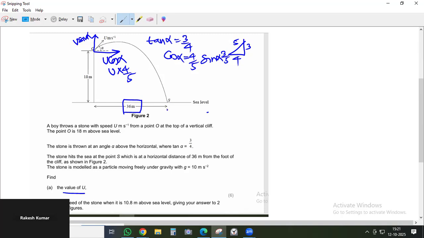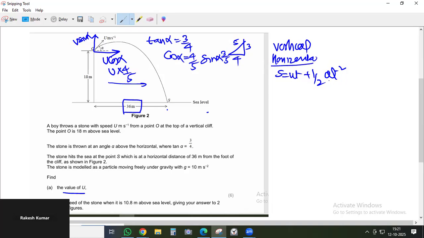So it traveled for some time, right? But I don't know the time. The time is missing. So I know there's no acceleration in this direction. So S is equal to ut plus half at square. I also told you that vertical is independent and horizontal is independent, so you don't have to worry about the vertical first. You look at the horizontal.